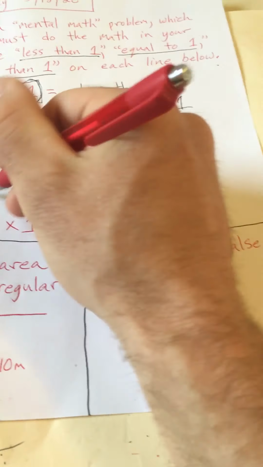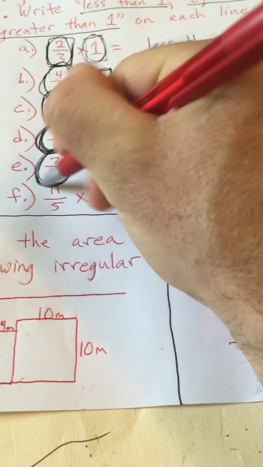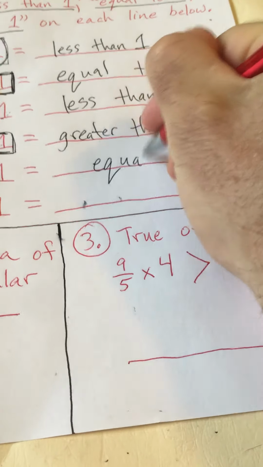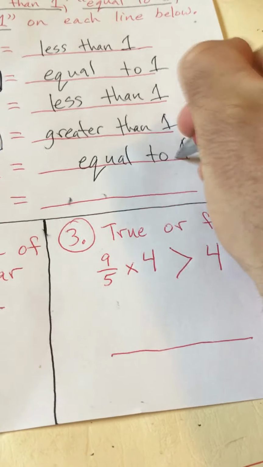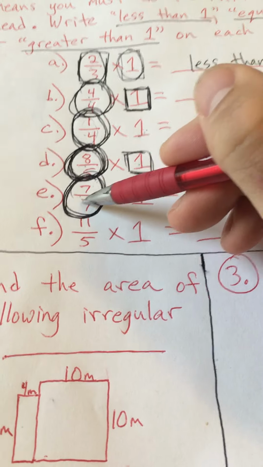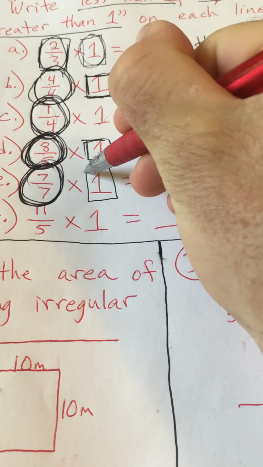E, 7/7 times 1. 7/7 is equal to 1, the whole thing. So 1 times 1 is equal to 1. We're multiplying a whole number times a fraction that's equal to 1, so this factor is going to stay the same because we multiplied it by 1.